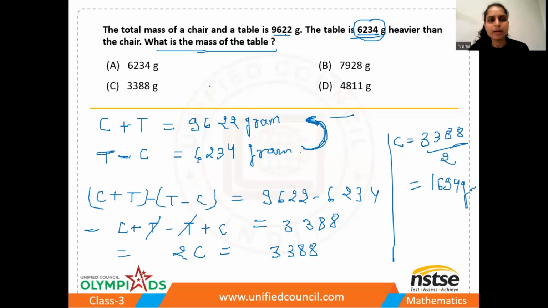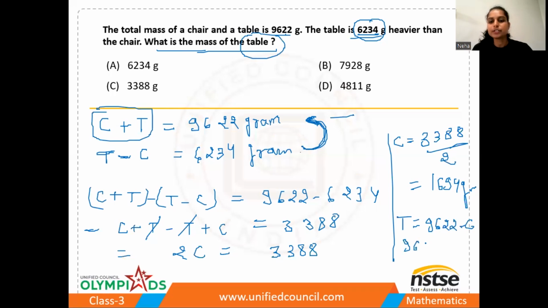Alright, so now we have the mass of the chair. Now we can directly find out the mass of the table also. How? Let's do it. C plus T, the mass of chair plus the mass of table, is given equal to 9622. That means the mass of the table is 9622 minus the mass of the chair.